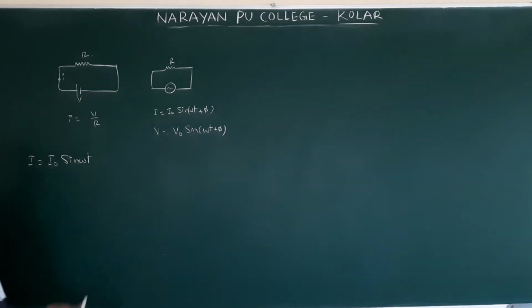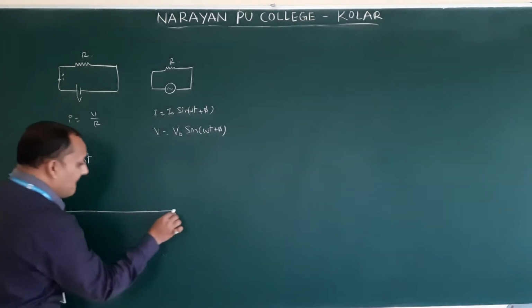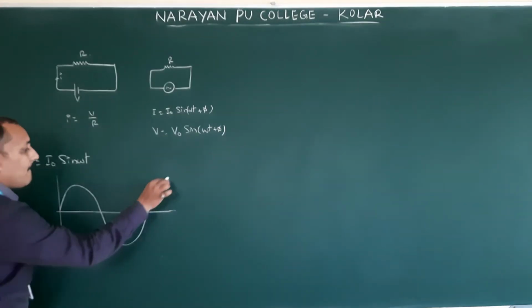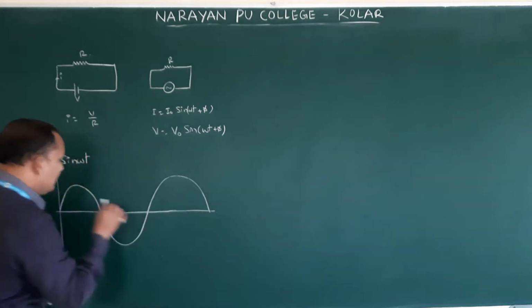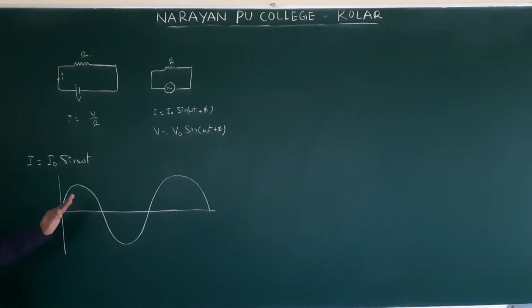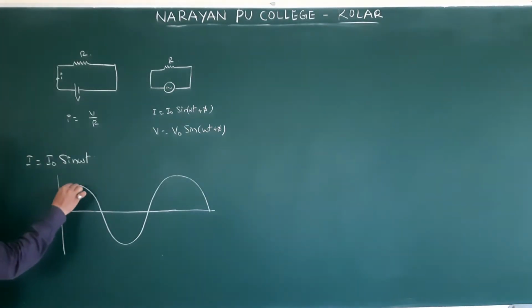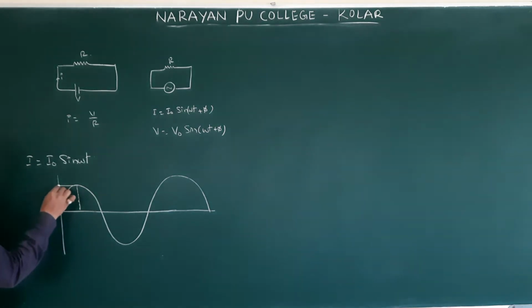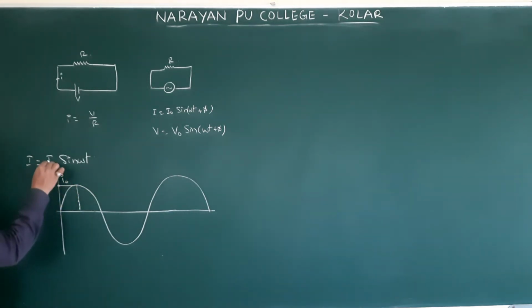If you write omega t, the sine curve we are going to draw like this. So this is the variation of current with respect to time, isn't it? This value, we already came to know, is I naught, capital I naught.